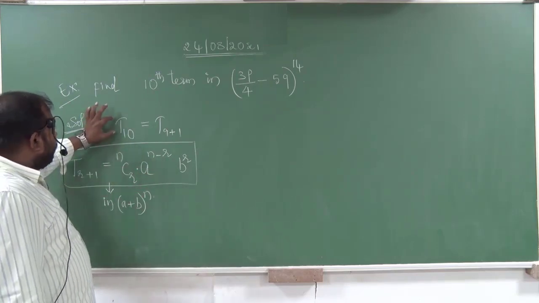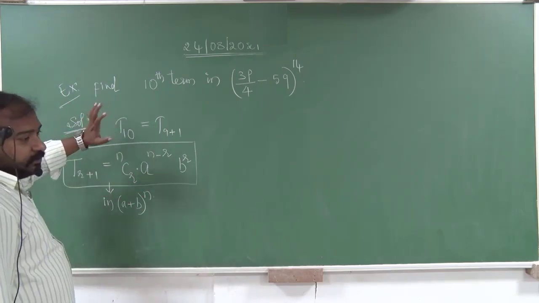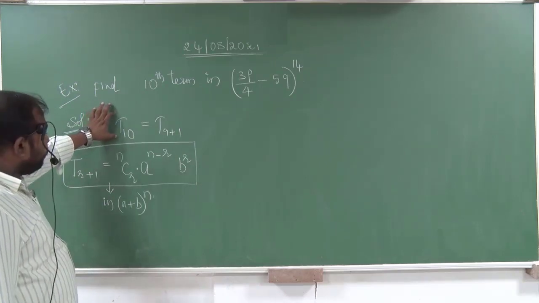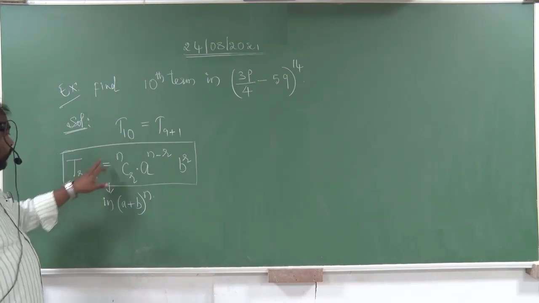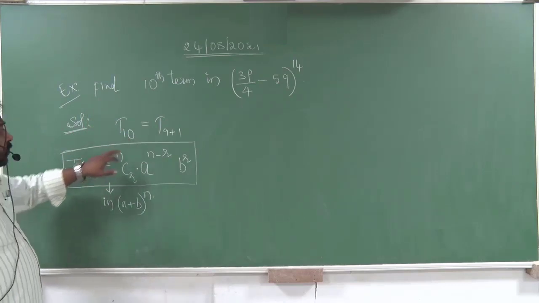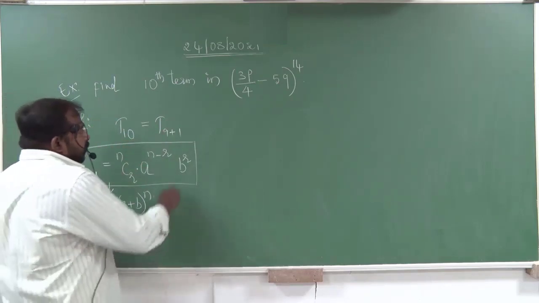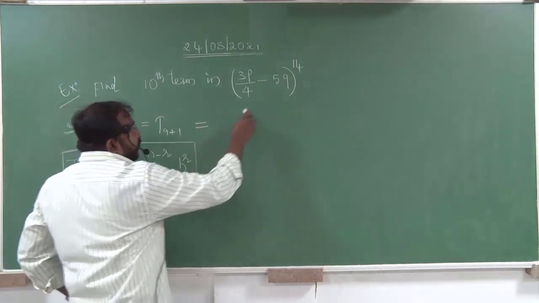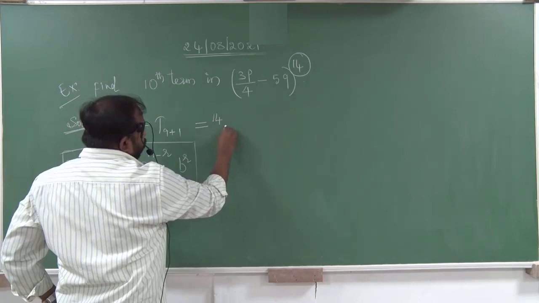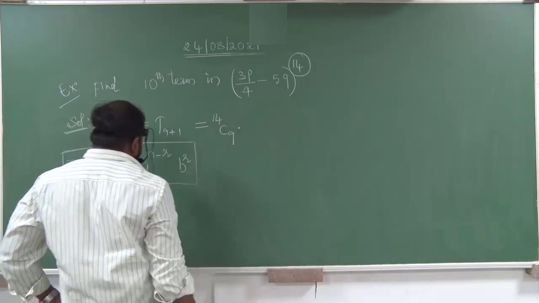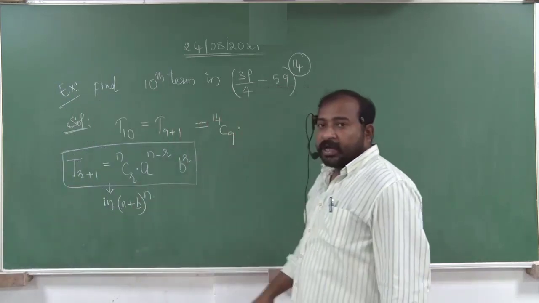Now, my requirement is the 10th term. So what does the 10th term mean? Compulsory, whatever the value they given here, you have to convert into this form, r plus 1. So T(9+1), which is equal to, instead of n, 14 is there. So 14C9 into a power n minus r.